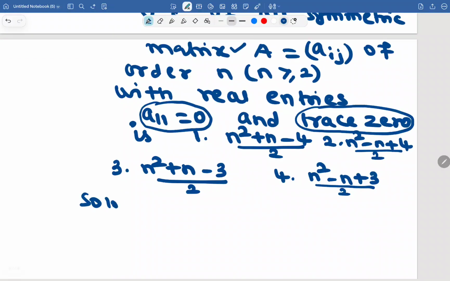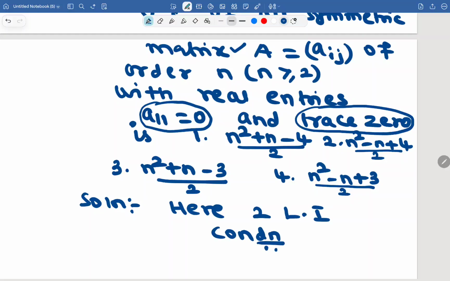Solution. Here we have two conditions, one is A11 equal to 0 and trace 0.